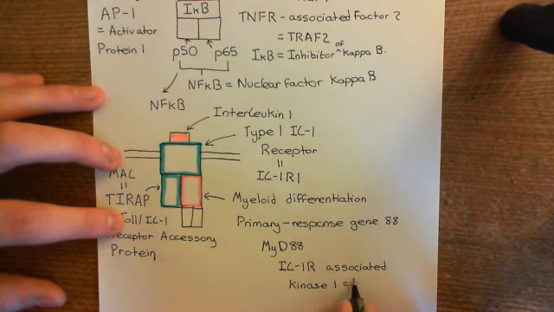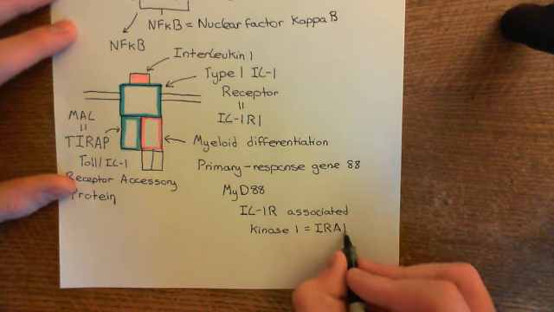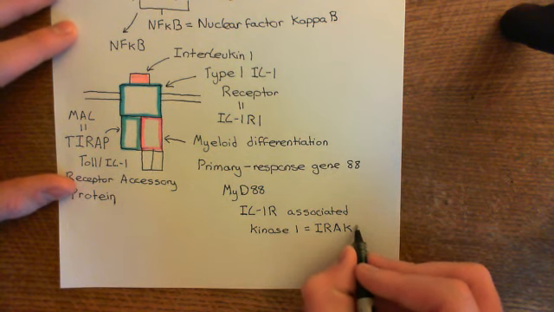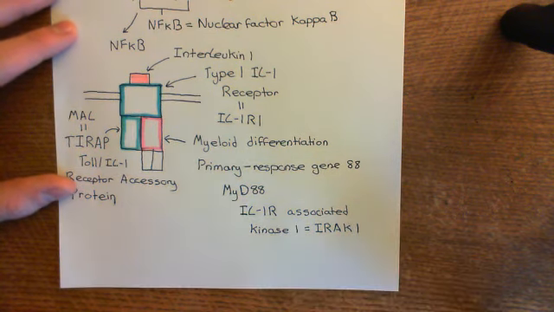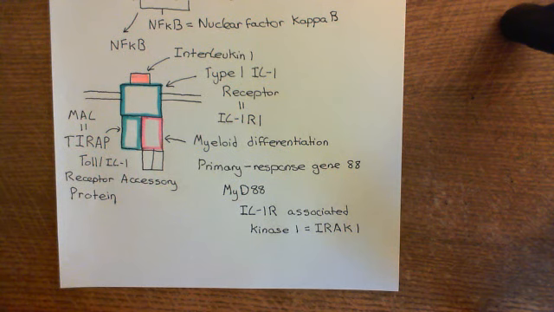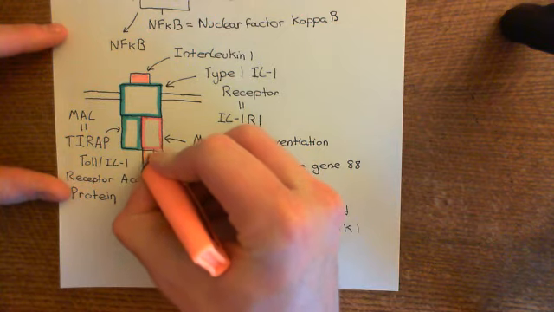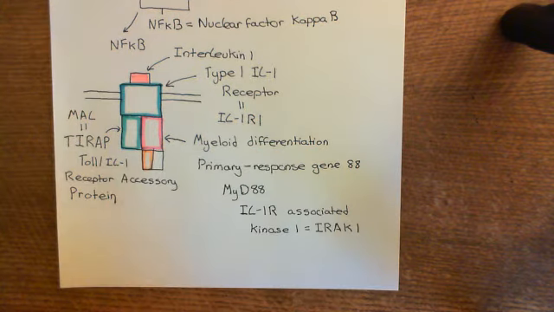Okay, so there's the I. You take the R from receptor, you take the A from associated, and let me just move this up a little bit. Okay, and you take the K from kinase to get IRAK, and then 1. Okay, IRAK1. Okay, so IRAK1 is going to be one of these proteins that's going to come and associate here. And I think I'll cover IRAK1 in orange. So here is the protein IRAK1, the interleukin 1 receptor associated kinase 1.